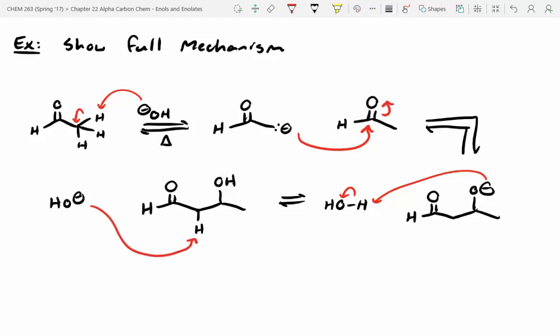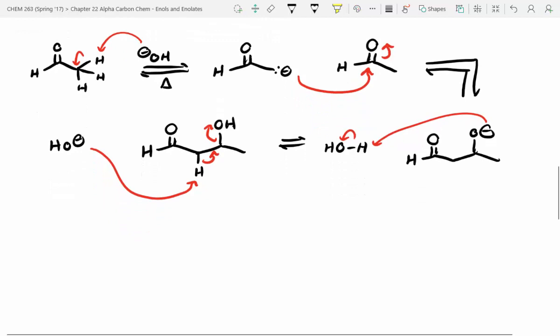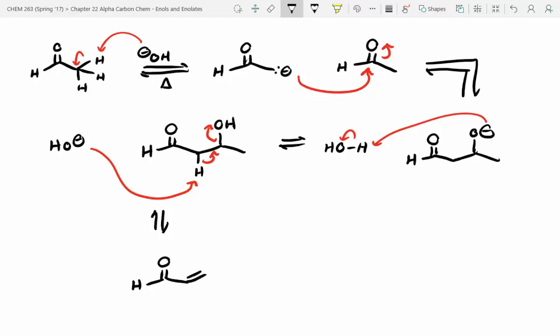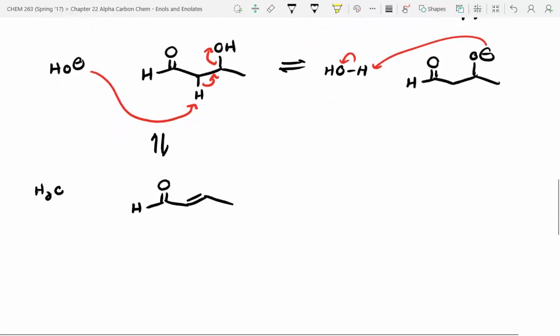It'll kick off the hydroxide, right? This is one of the weird examples where we see hydroxide acting as a leaving group. And voila, we've made our alpha beta unsaturated ketone.